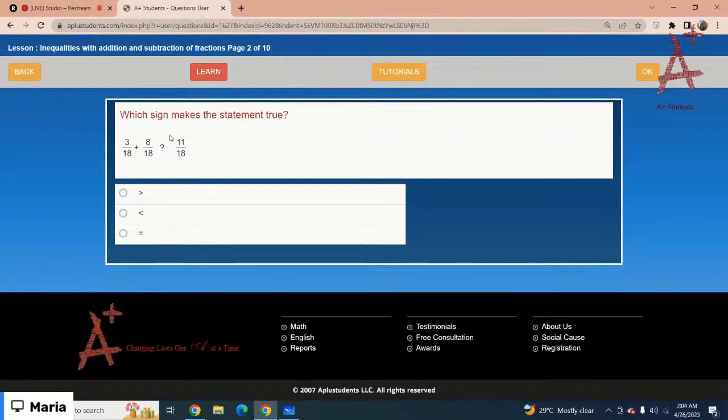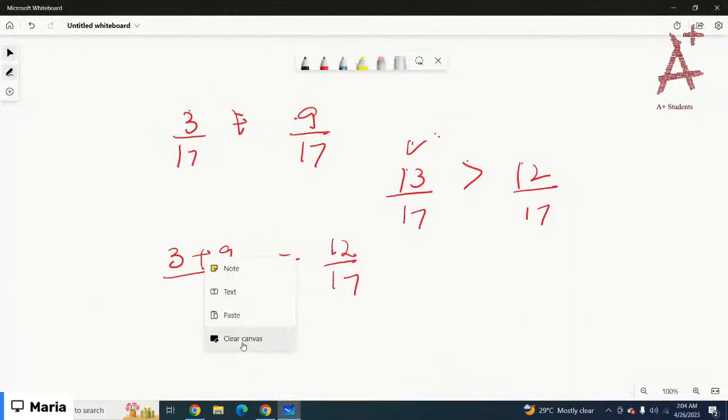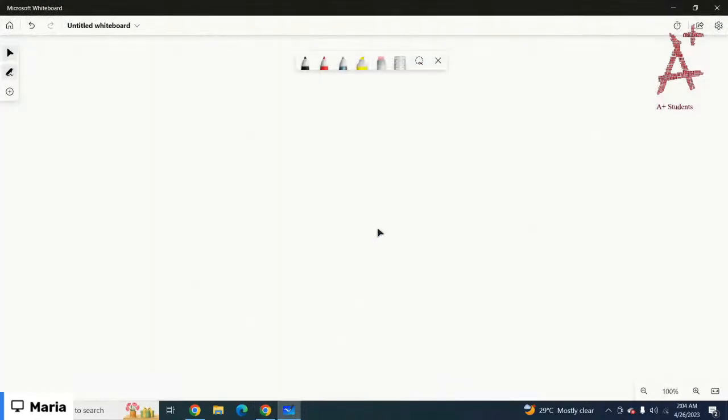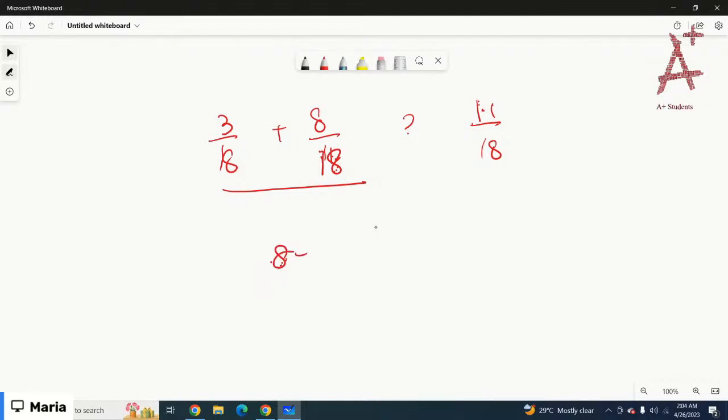Okay, the next one is 3 over 18 plus 8 over 18, and you have to compare it to 11 over 18. They have the same denominators, so you simply have to add the numerators. 8 plus 3 equals 11.